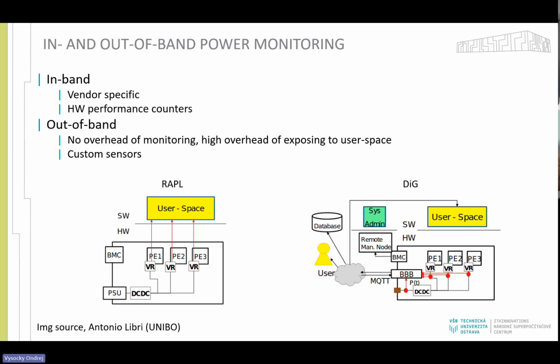In the case of in-band, we typically mean some performance counters that you can read, for example, by perf. Out-of-band means the power monitoring system itself does not provide it to user space, but there must be some other way to expose the information to user space, where the monitoring itself goes without influencing the CPU. That's a major parameter.